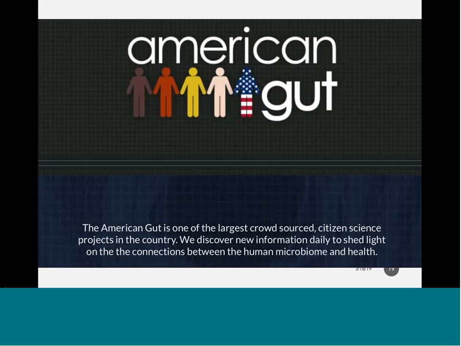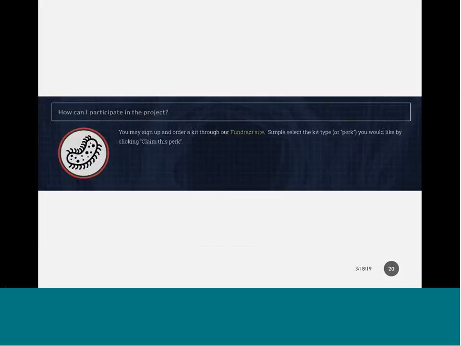This is the American Gut Project, where they've collected really large numbers of samples. I believe there's somewhere over 20,000 samples at this point. People will send in a sample, they pay around $100, and then they'll also fill out a survey, and then folks have data to use to analyze human samples.